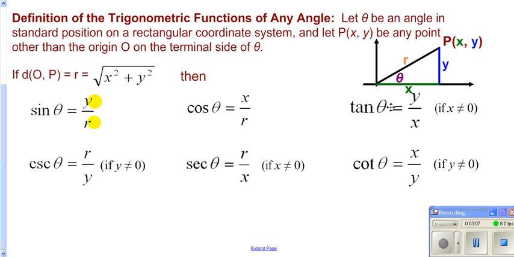However, when you look at your tangent and your secant, we have issues when the bottom is 0, when x is 0. When is x 0 here? x would be 0 if you were right up here or right down here. So that would be a 90-degree angle or a 270-degree angle.